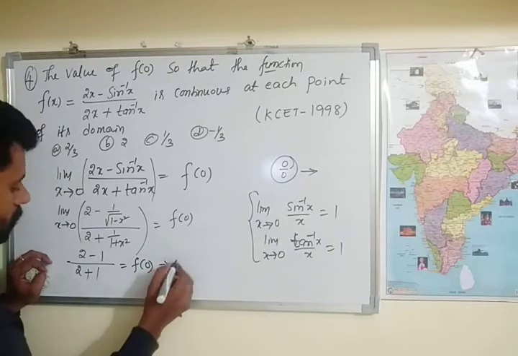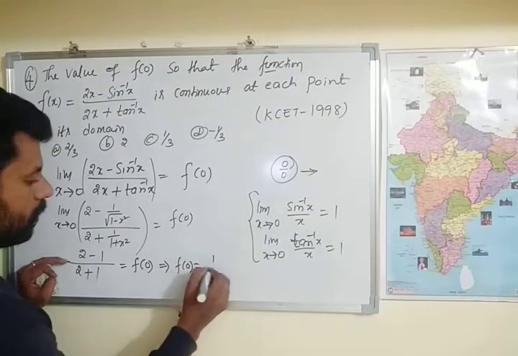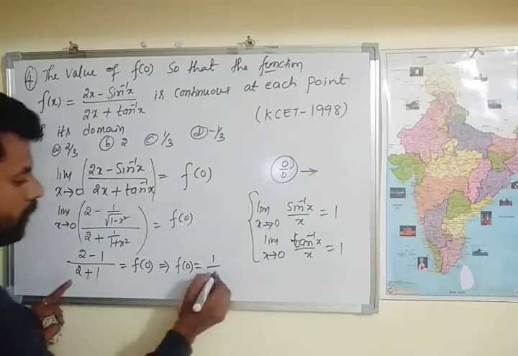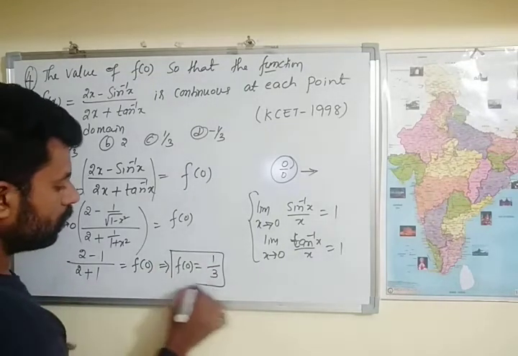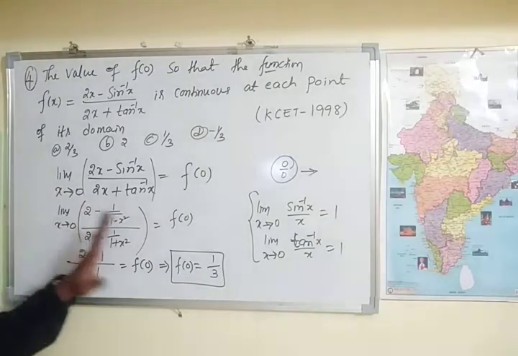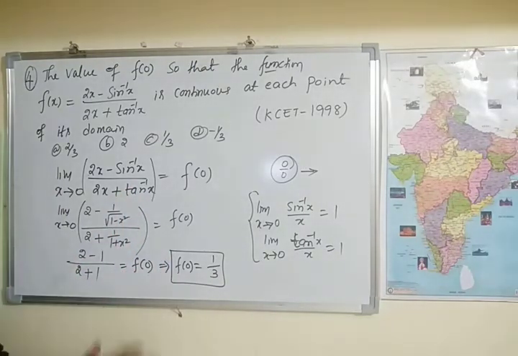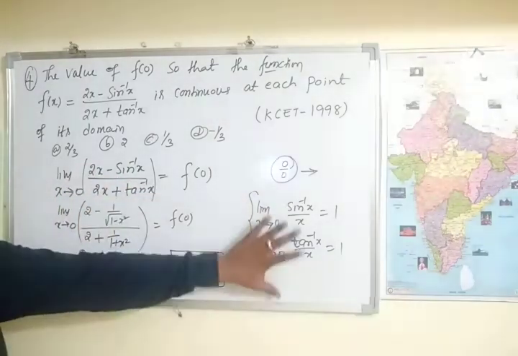This implies f of 0 is equal to 2 minus 1 is 1 divided by 2 plus 1 is 3. F of 0 is equal to 1 by 3. Here we applied the L'Hospital method and got this result 1 by 3. Alternatively, this result can be converted into standard notation form.